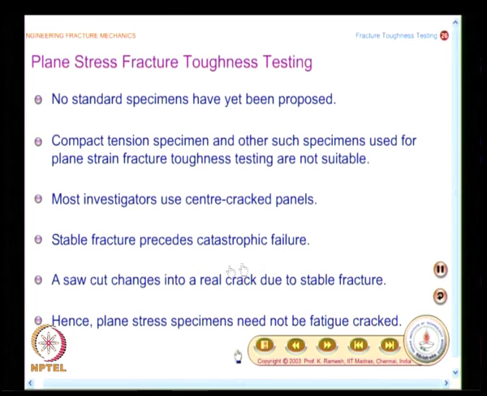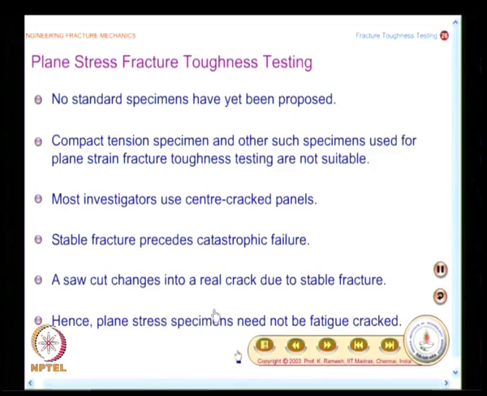So, what happens is if you have a saw cut, this changes into a real crack due to stable fracture. In the case of plane strain fracture toughness, you have to develop a natural crack by fatigue loading. In the case of plane stress testing, such a requirement is not needed, a saw cut is sufficient, but there are also recommendations how thin the saw cut should be, what should be the root radius and so on and so forth.